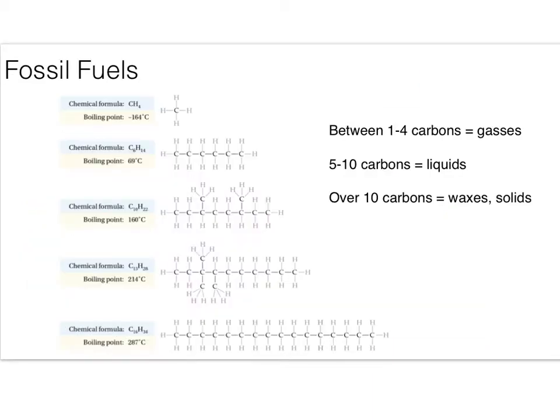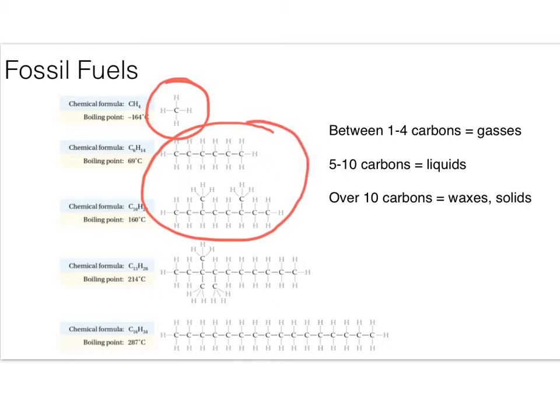Okay, so what exactly are fossil fuels? Fossil fuels are largely hydrocarbons that we remove via excavation techniques from the ground, and each type of fossil fuel typically is used for different things. We can see here that as these chains get bigger, you go from stuff like methane, which would be natural gas, to something a little bit larger, maybe like 5 to 10 carbon atoms.